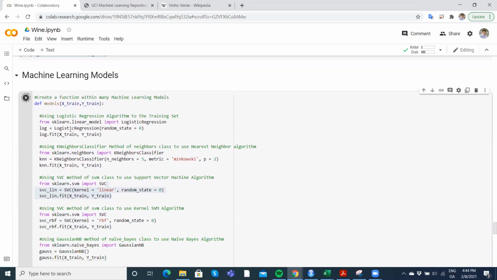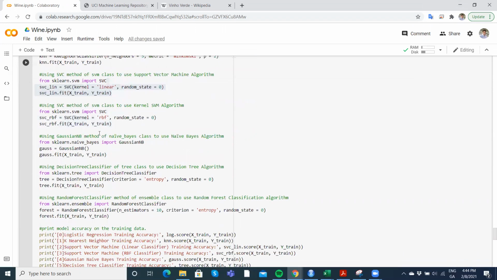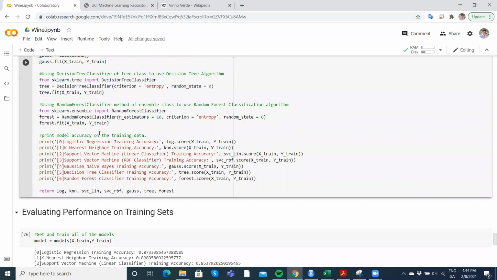So we run a whole battery of machine learning algorithms, and it's actually quite fast, right? Now our data set is not huge, but we have random forests here, we have decision trees, we have Gaussian naive Bayes training, we have two support vector machines, K nearest neighbors training accuracy and logistic regression.